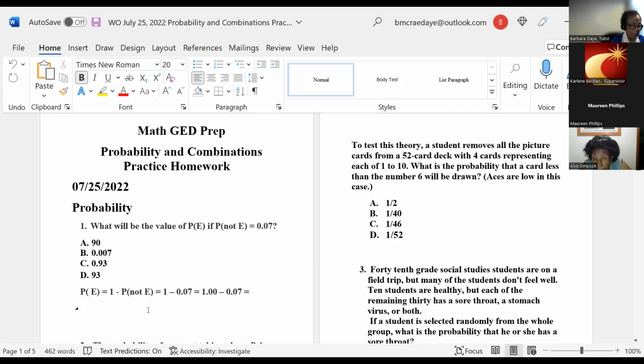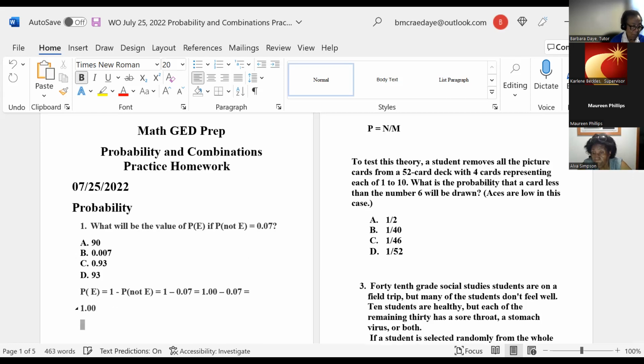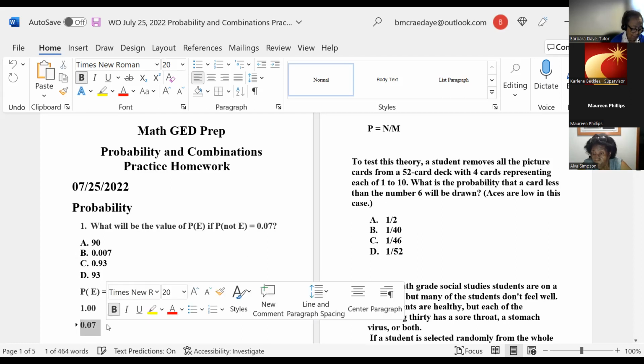Let me put it like this. Maybe you can see it better when I line it up like this. Okay. 1, and underneath it, I want to put 0.07, right? And this is subtraction. Just draw a line under here.